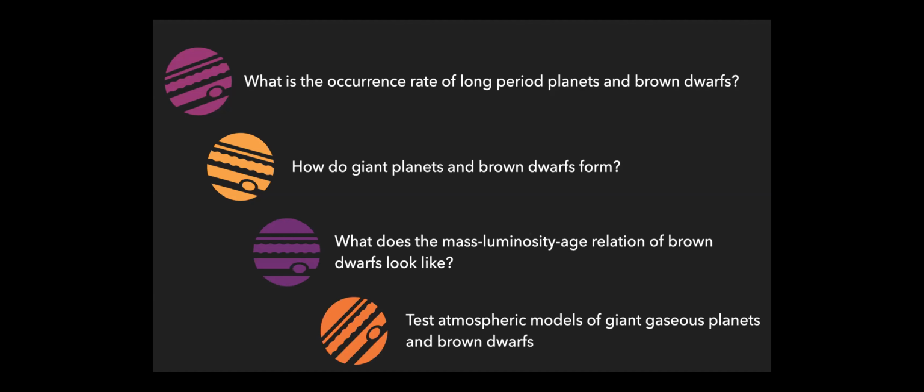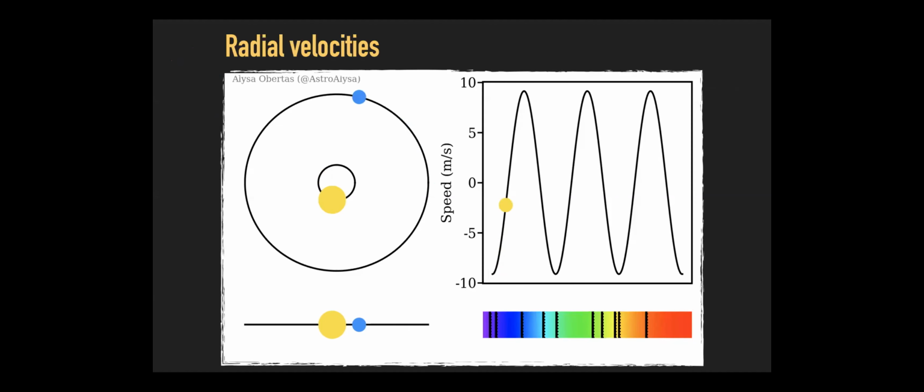So the two techniques I've been using to do this are, first of all, on the radial velocity side, which I'm sure most of you are familiar with. If you have a star and a substellar companion orbiting one another around the center of mass, then we measure the spectral line over time, and we can obtain the orbital period of that companion, as well as the minimum mass with an unknown orbital inclination.